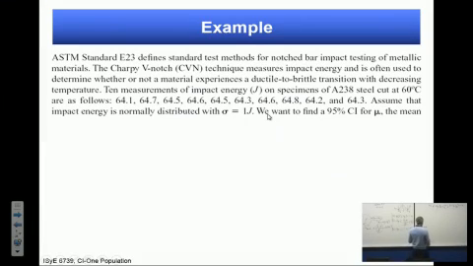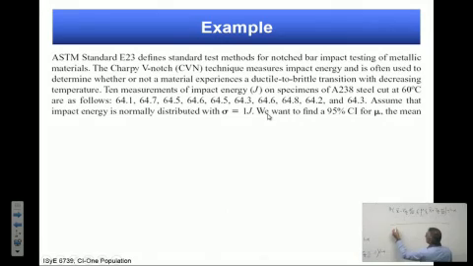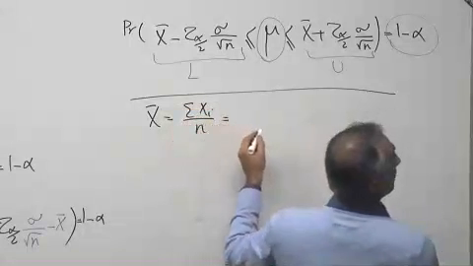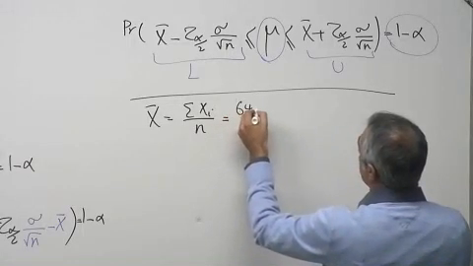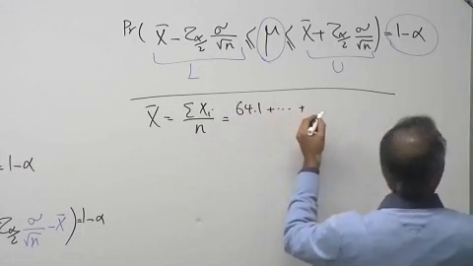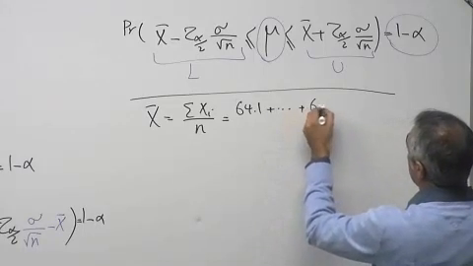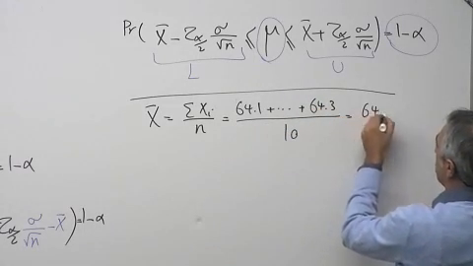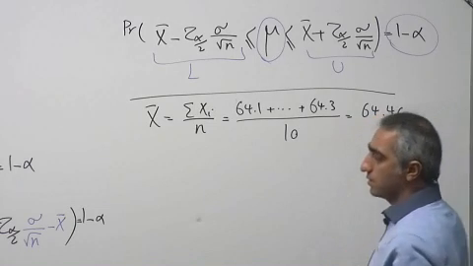So first we need to find x bar, which is the summation of xi divided by n. In this case it is 64.1 up to 64.3 divided by 10, and you get 64.46.